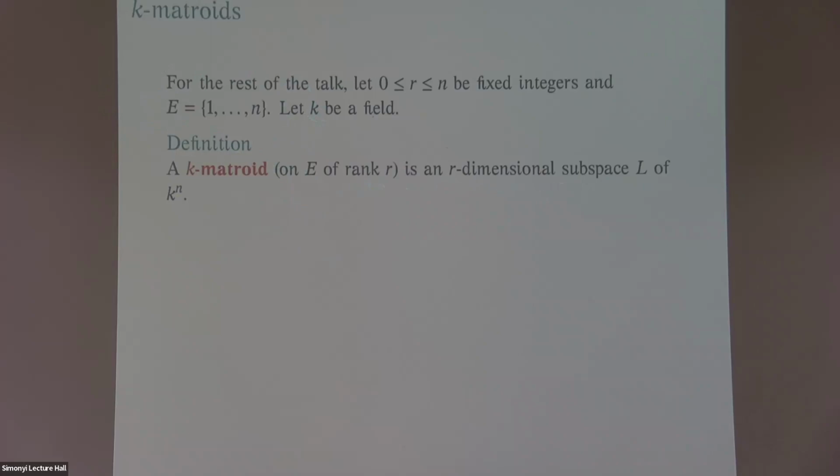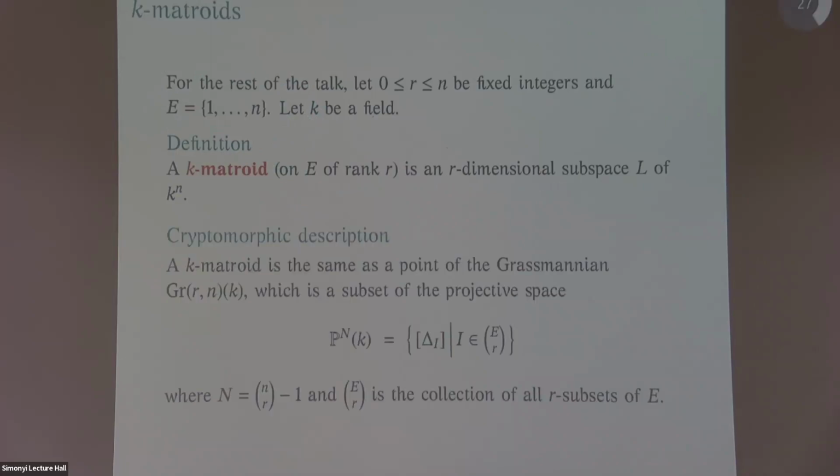In matroid theory, there are cryptomorphisms, so we have a lot of different ways to speak about a matroid and characterize it in different forms. Here's one that you probably also all know. The r-dimensional linear subspace of k^n is the same as the k-rational point of the Grassmannian. Cryptomorphism means it's an equivalent characterization of the same thing, but not obviously equivalent.